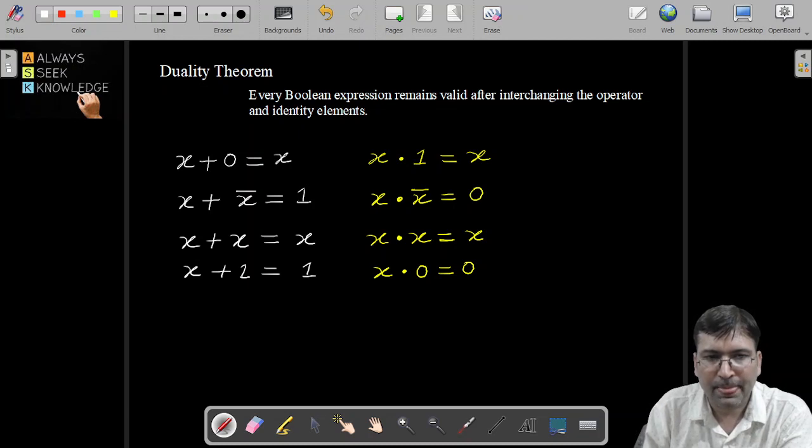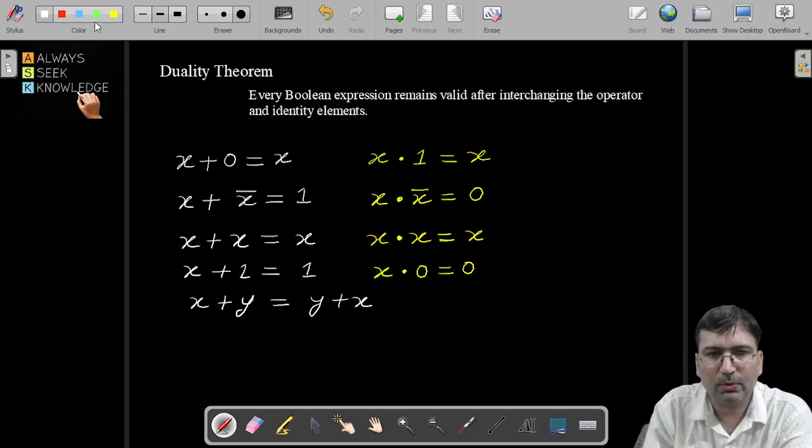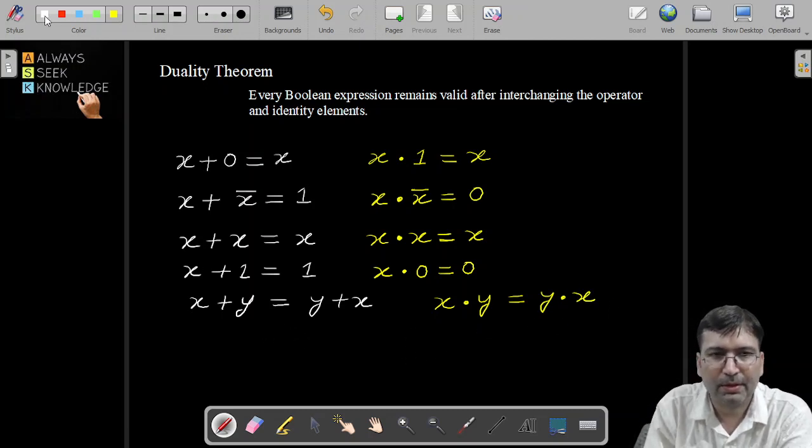Now let's say we have the commutative property. x or y we can write as y or x. If we want to write the dual form for this particular expression, we write x dot y is equal to y dot x, and it is also valid, right?